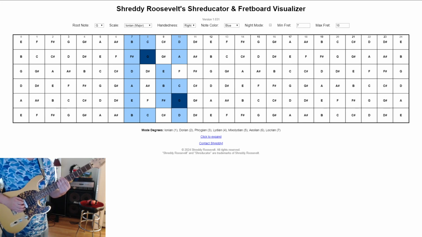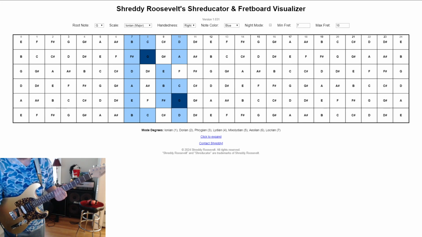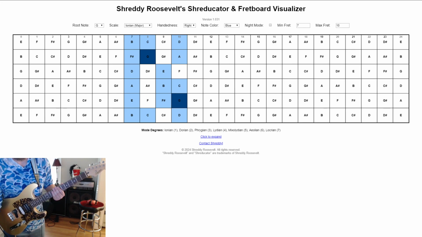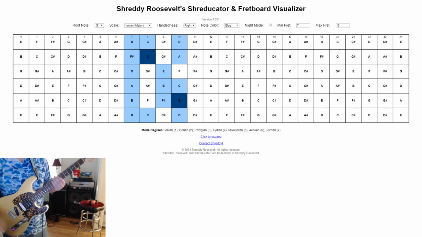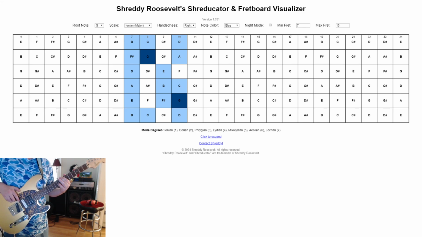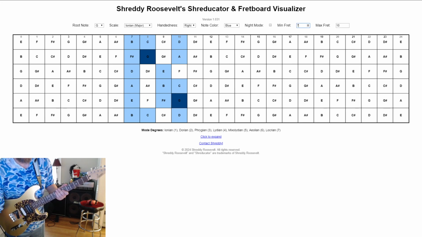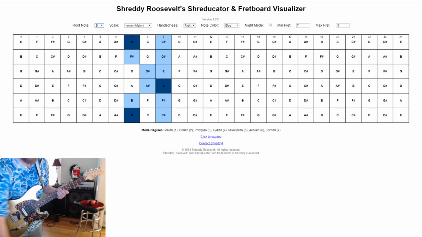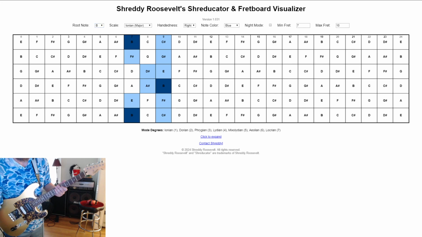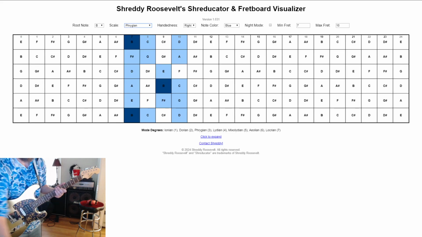So why did I put this up? Well, this is if you start here, because we're going to start in a different place in a bit, but say if you start here at this B in the 7th position on the low E string. Let me go back to interact, show you guys. So what we're going to do is change the scale degree to B, because that's where that root note is, and we are going to pick the Phrygian mode.